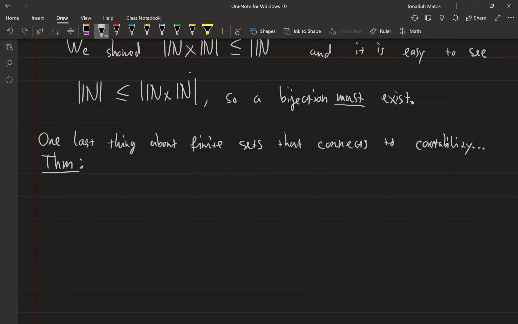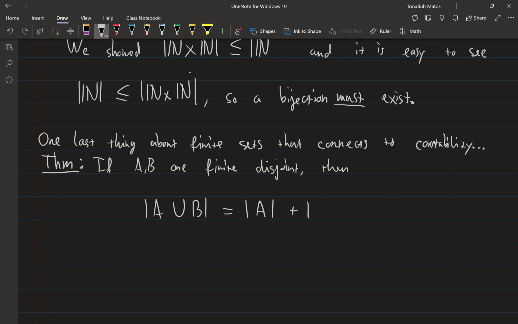So the theorem is, if you have two finite sets, and let's make them disjoint just to keep things simple for now, wouldn't you expect the union of them to have as many elements as the sum of the individual sets?